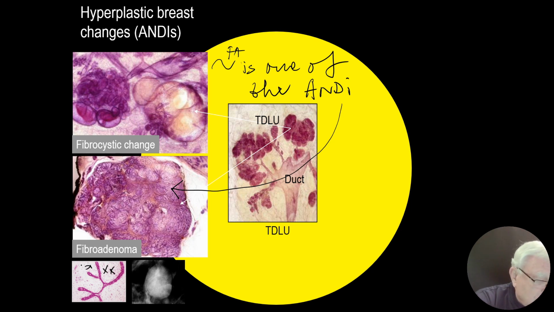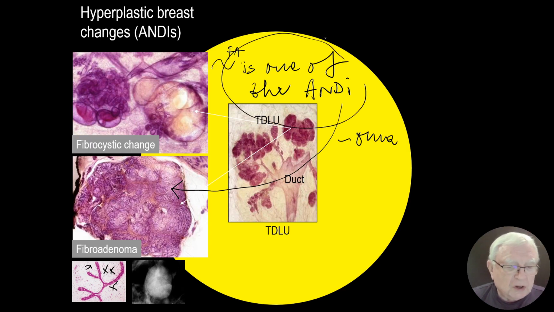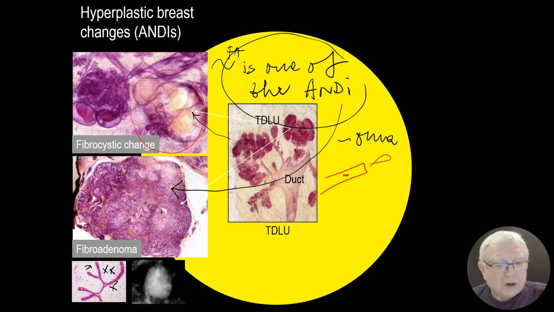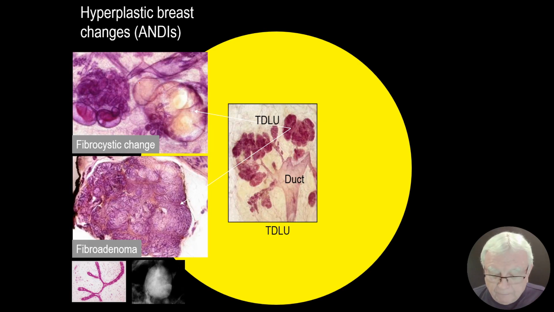Here is histology, to the extent that it forms a benign tumor. What is fibrocystic change? It is one of the hyperplastic breast changes where the luminal cells change to apocrine metaplastic cells that produce too much fluid, and cystic, small or large, cavities are going to develop.